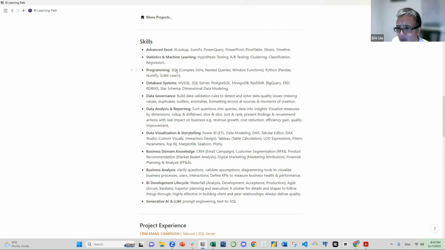So even within this bullet, the sequence matters. SQL is more important because you most likely will work with internal data, and internal data is structured as a relational database.